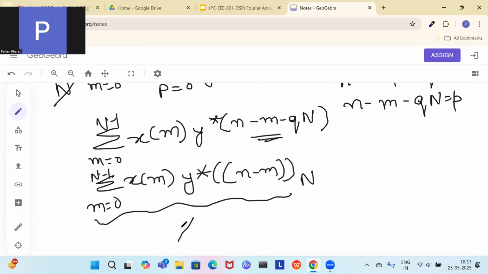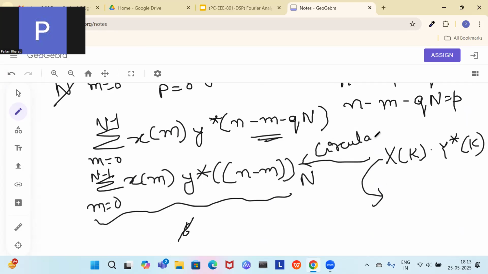Now this is what? This is convolution. So since this is convolution, we started from X of k into Y star of k, and where we landed is at this point, which is circular correlation.